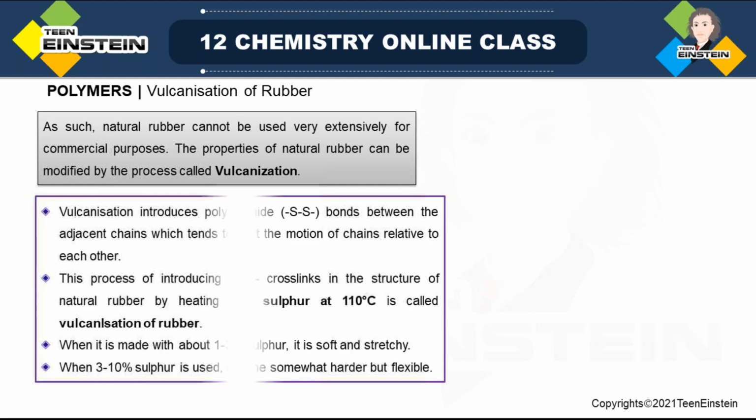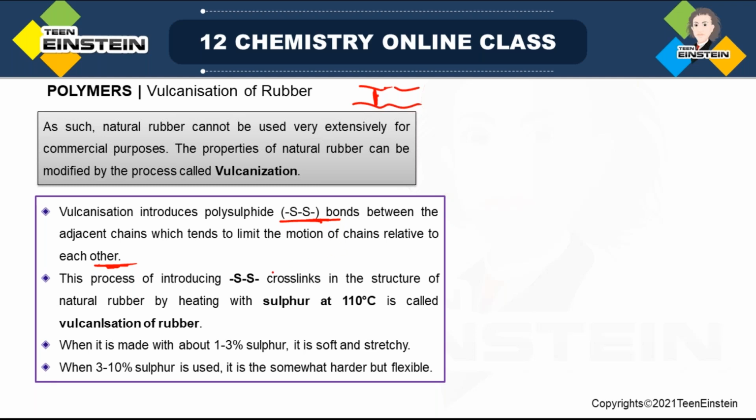In this process, we make some sulfur-sulfur linkage between two adjacent chains and it limits the motion of the chains relative to each other. Okay, so suppose there are some individual chains and you are making some sulfur-sulfur linkage between these two chains, as a result there will be comparatively more strength compared to the previous structure.